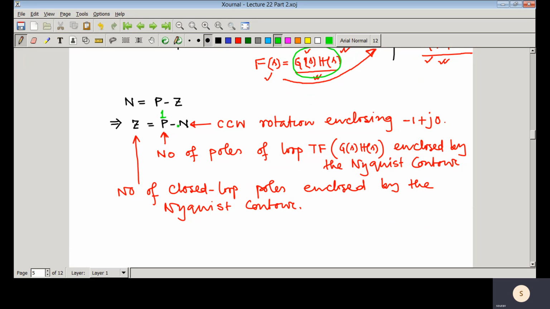Now if the counterclockwise rotation of the -1 + j0 point is equal to 1, then what happens? 1 minus 1 equal to 0, so Z equal to 0. Z equal to 0 indicates that there are no closed loop poles enclosed by the Nyquist contour.